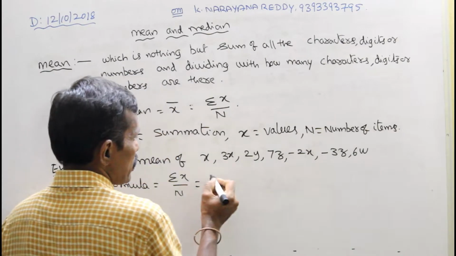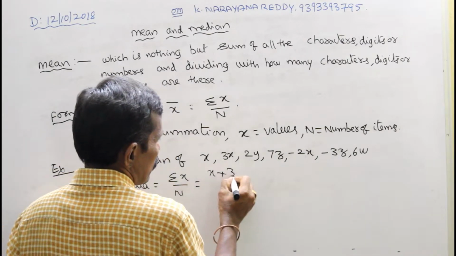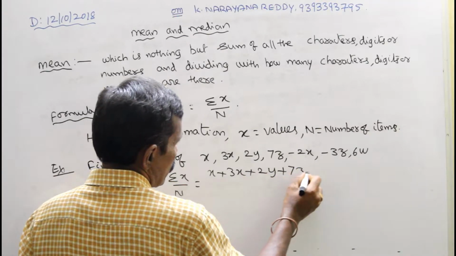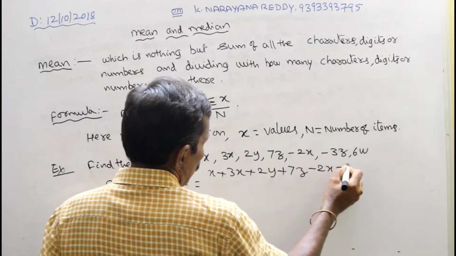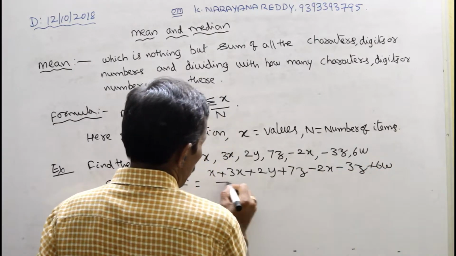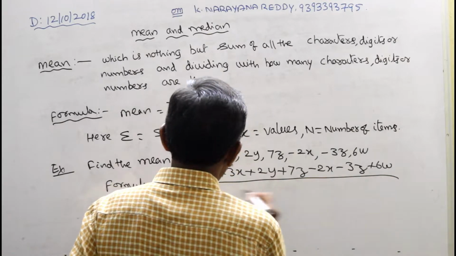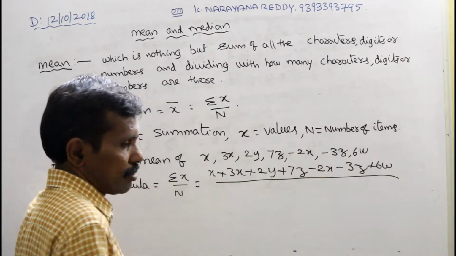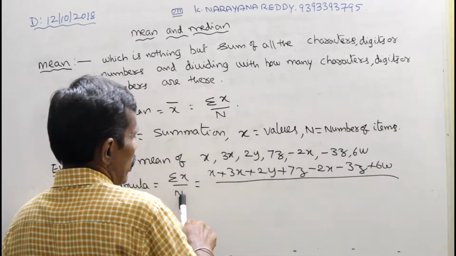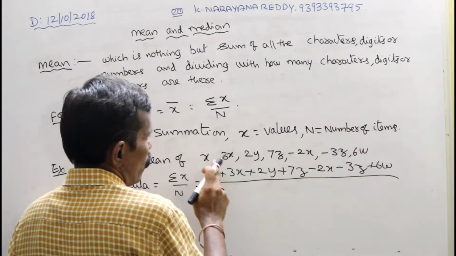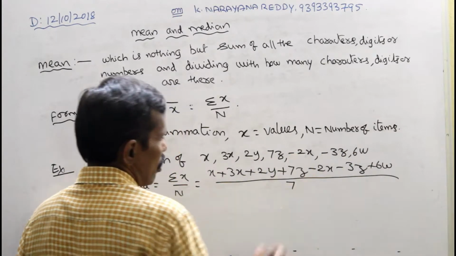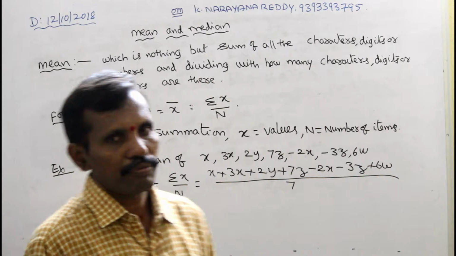So the summation is x plus 3x plus 2y plus 7z minus 2x minus 3z plus 6w, divided by the number of items. N is nothing but the number of items: 1, 2, 3, 4, 5, 6, 7. That is the mean.